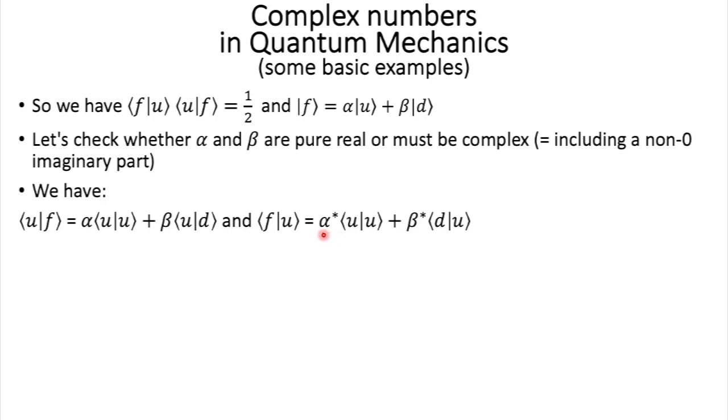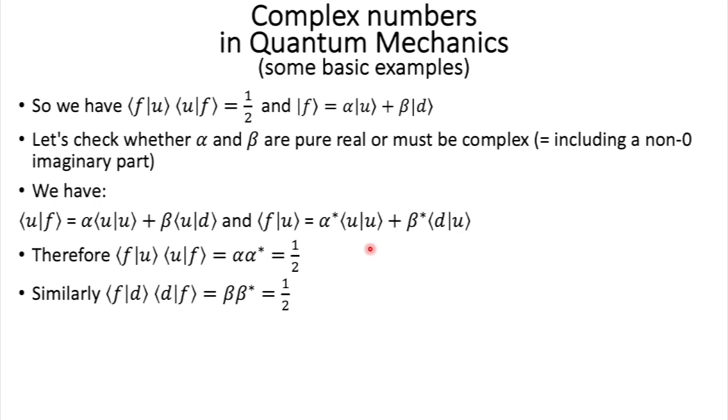And here we have the conjugates, because remember the inner product is the sum of the coefficient complex conjugate by the coefficient of the second vector. Therefore, if we multiply this complex number by this one, it's equal to that, and therefore equal to 1/2 because of this here. And of course, same thing here with beta.